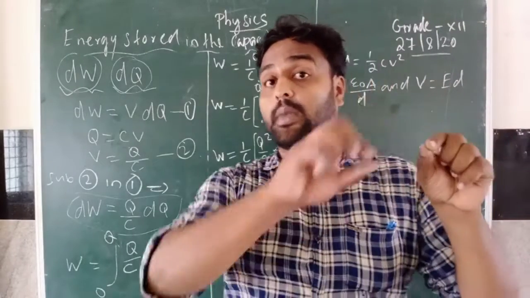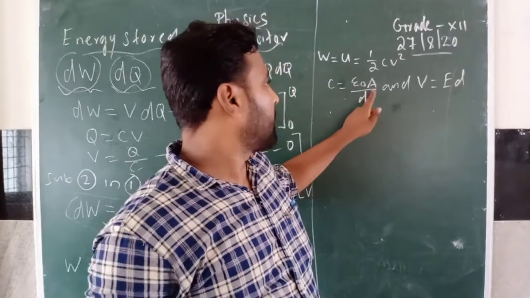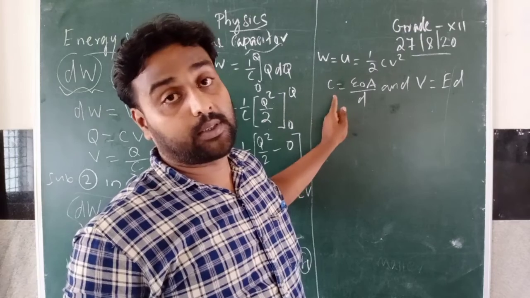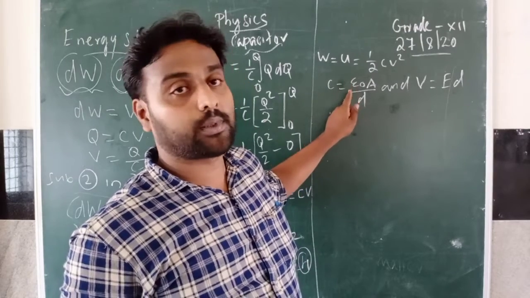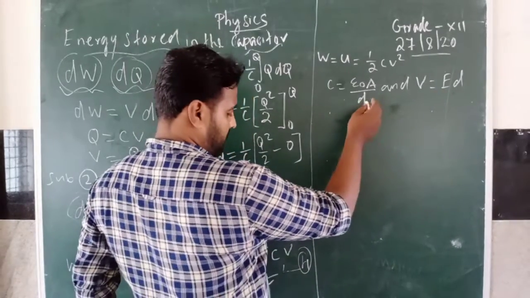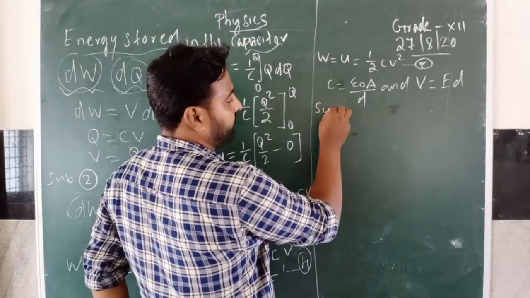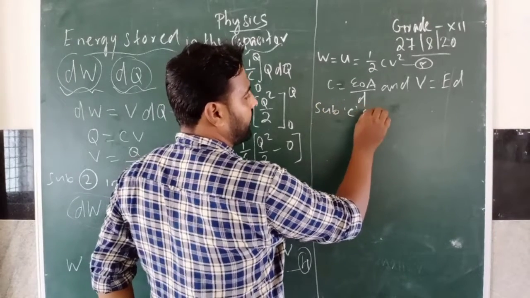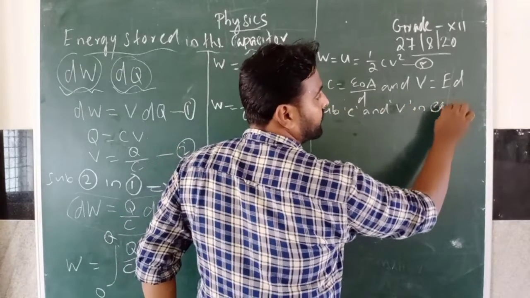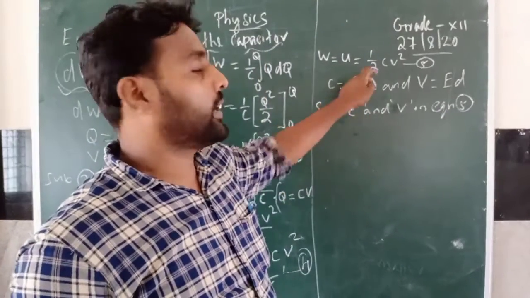There will be some electric field lines and distance. So yesterday we learned this formula, capacitance of a capacitor. C is equal to epsilon 0 A by D and V is equal to ED. Now this you keep as equation 5. Substitute the value of C and V in equation 5.